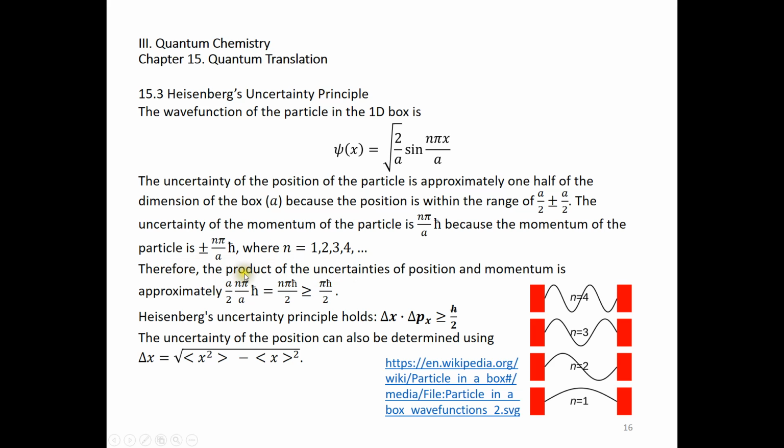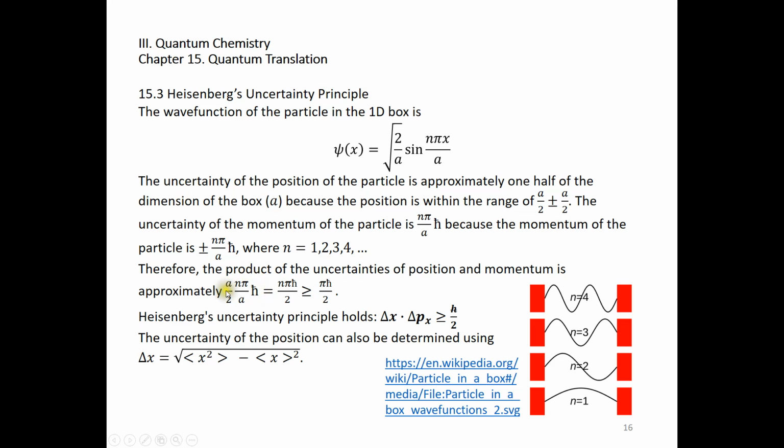And therefore, we can have the product of the uncertainty of the position and the uncertainty of the momentum. The product is 1/2 of a times n pi over a times h bar. And we have n pi h bar over 2. Since n is 1 or 2 or 3 or 4, the minimum value for n is 1.